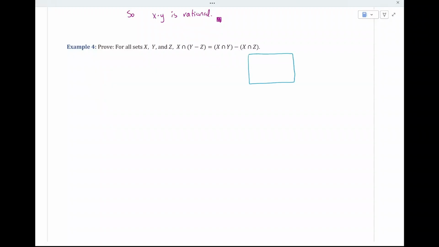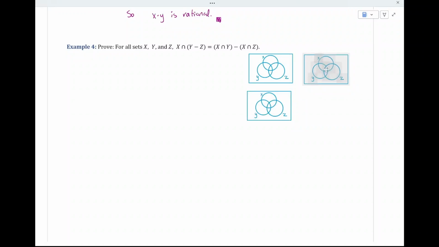Here is my universe. This is going to be x, and this will be y, and this will be z. And since I did such a good job with this, let's copy this, and I'll have it again. Okay, so here let's do the left-hand side.